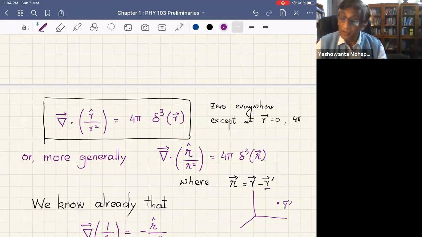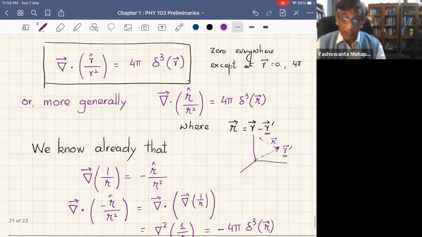Then any other point from here is this curly r. So this is also true of this curly r. That is, my source is here. Instead of at the origin, I have put it at some point which is r prime. All right.